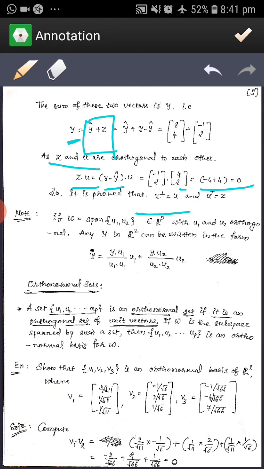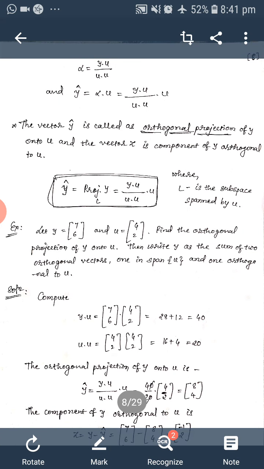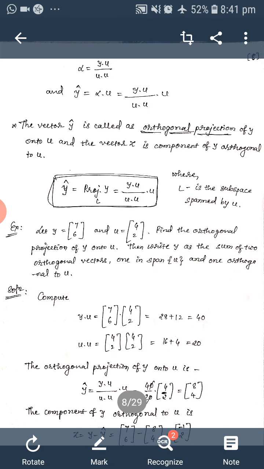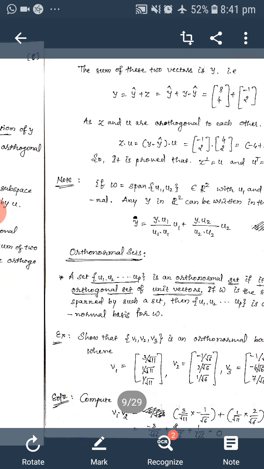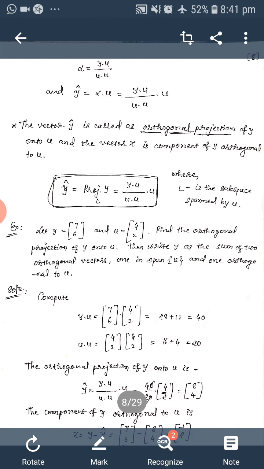This is regarding the length of the vector and projection. We have seen the projection of y on u, and how to calculate the two components, z, and also z dot u, to check whether it is perpendicular or not.